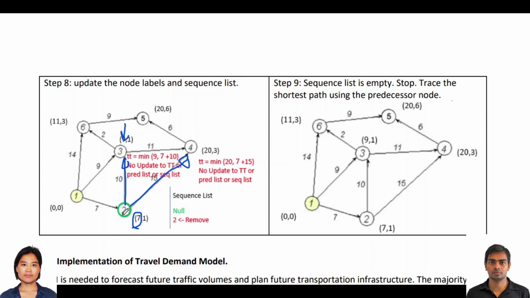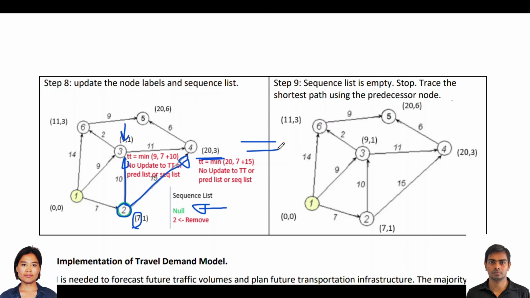Then we check node 4, so 7 minutes plus 15, 22 minutes, but it already has 20 minutes of shortest travel time, so we don't need to update node 4. So 3 and 4 are checked but not updated, so nothing is added to the sequence list, and node 2 is removed from sequence list. Now this sequence list is empty and we are done with shortest path.